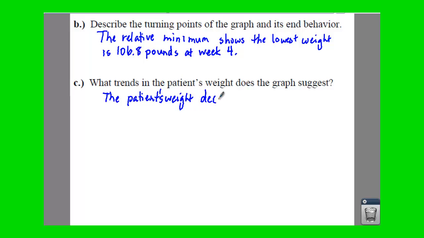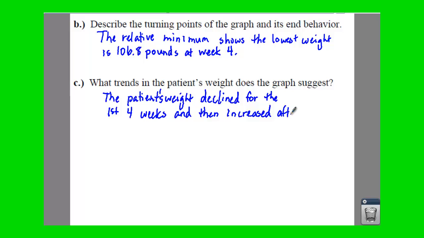The patient's weight declined for the first 4 weeks, and then increased after that. Now eventually that graph is not going to keep going up, and it'll start to taper off, because your weight's not just going to continue going up.